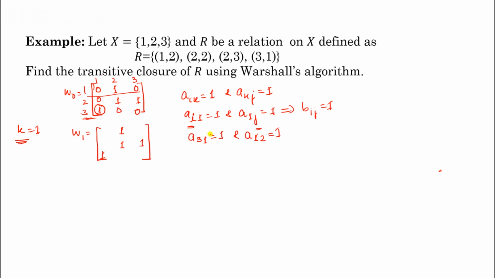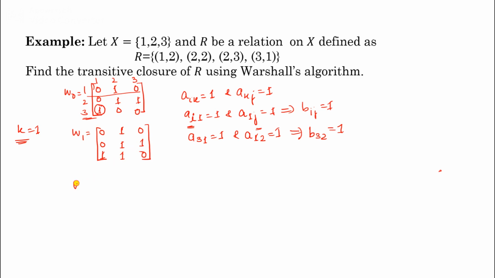So A31 equal to 1 and A12 equal to 1, which implies B32 equal to 1. So for k equal to 1, we get B32 equal to 1, and all other elements will remain 0 as they are.